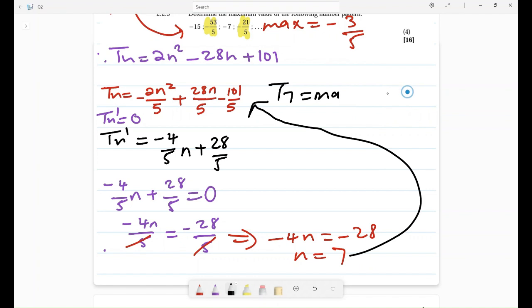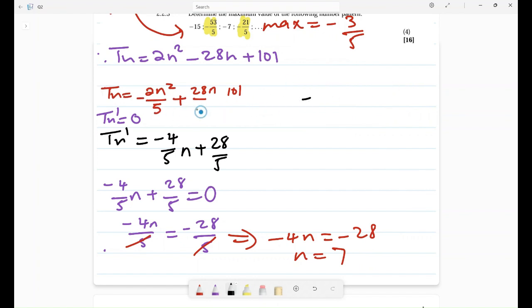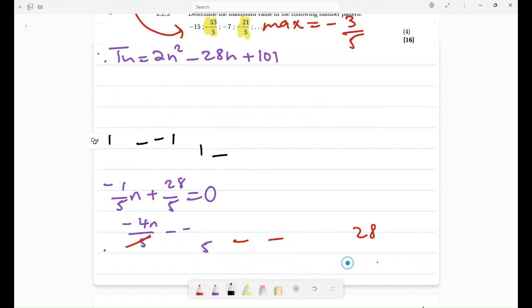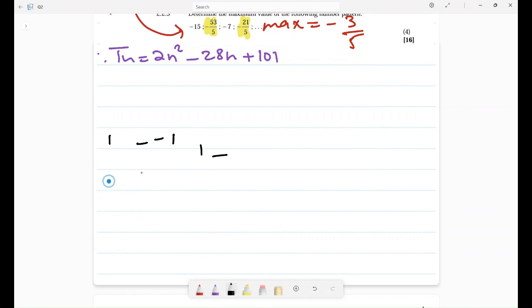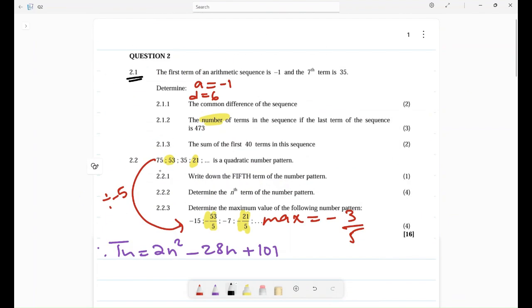Another method that you can use, and this is probably the last method that I saw, is this. I know that from the original equation here, to get this equation, they just divided everything by 5.